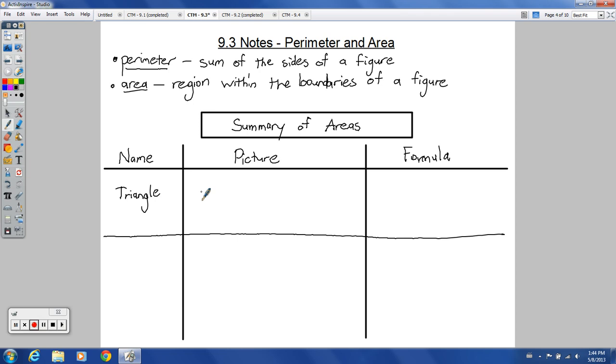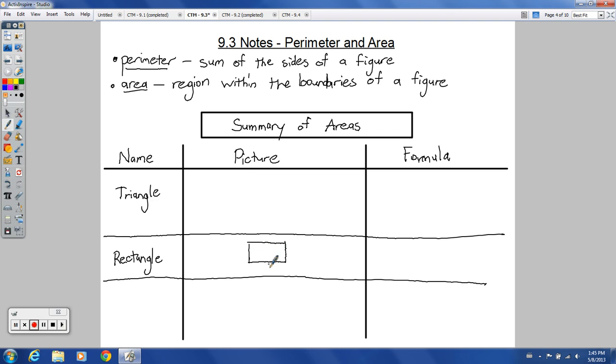We're actually going to draw 3 pictures of triangles in here, but I want to start with a rectangle. So let's put the rectangle here, and we'll just do freehand pictures for now. If you have straight edges, you can use those, but draw a picture here for a rectangle.